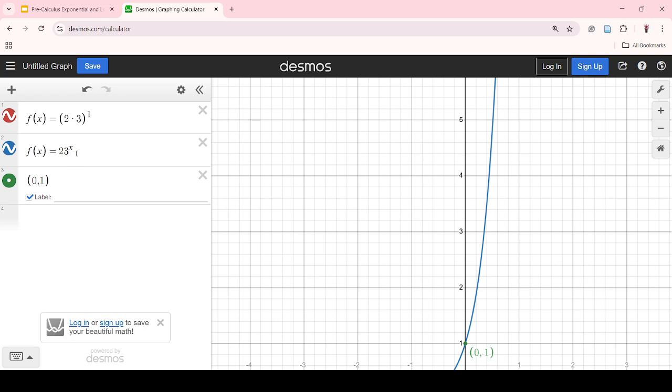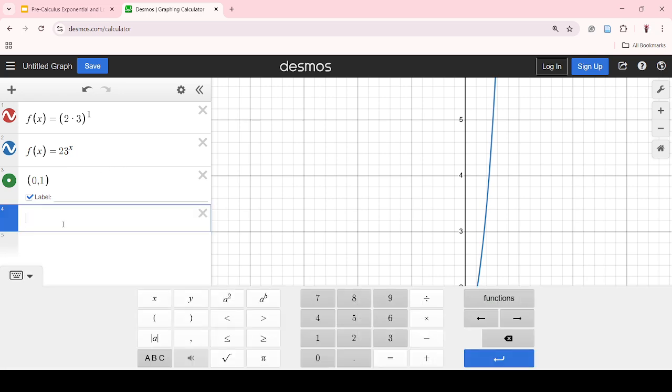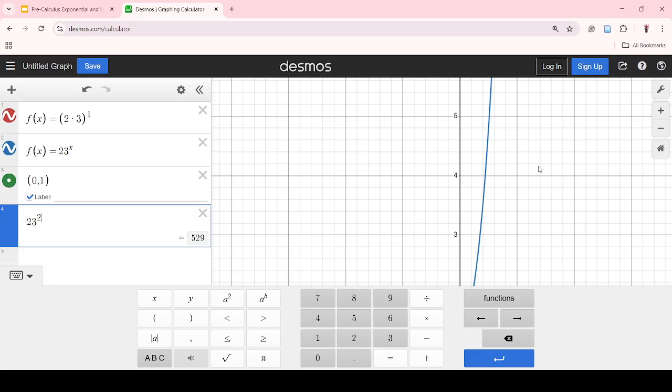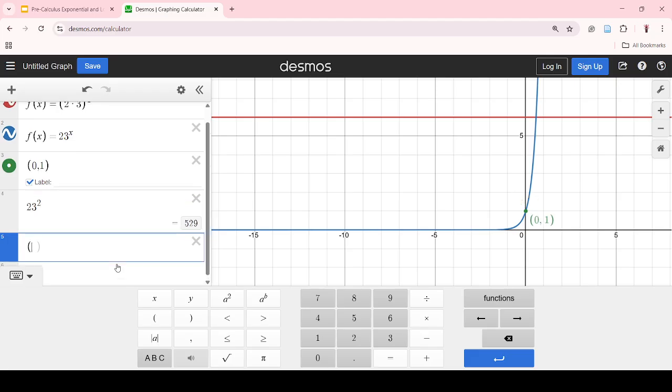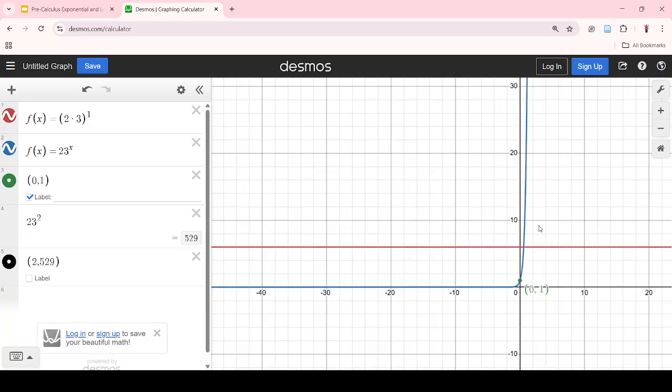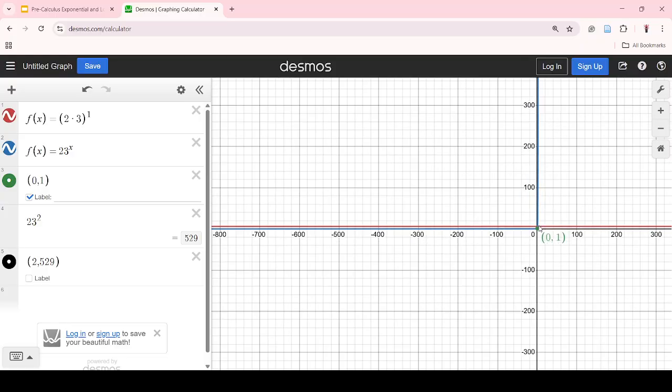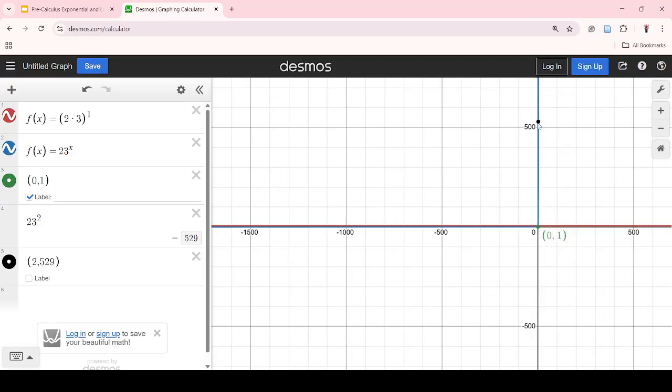And of course, you see the next point that it would touch after 1, 23 is equal to 529, which I will go ahead and label. There is the next point.